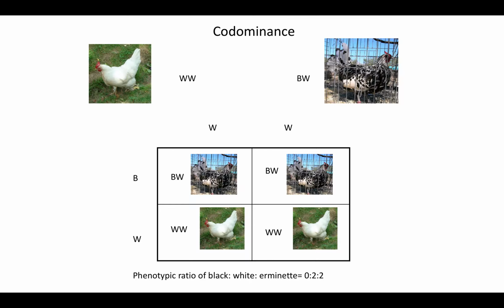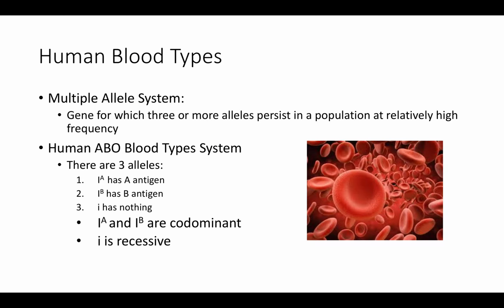The phenotype ratio of black to white to erminette is 0 because there's 0 black-colored birds, 2 erminettes, and 2 white. So there's a 50% chance that the offspring will be white and a 50% chance that the offspring will be erminette.